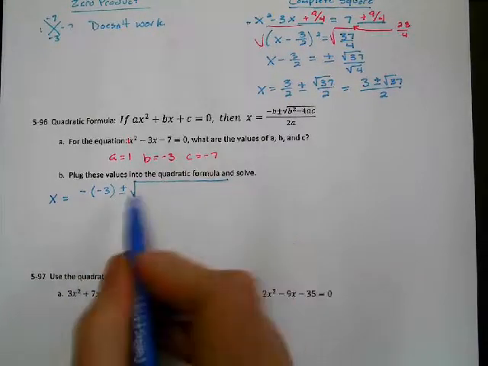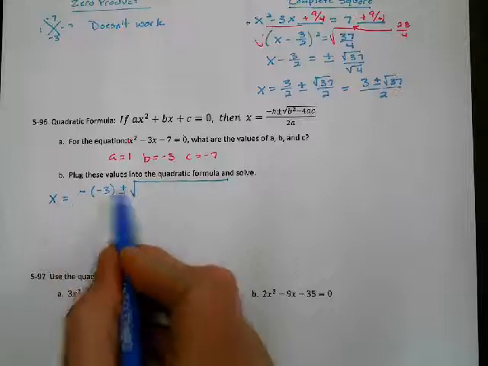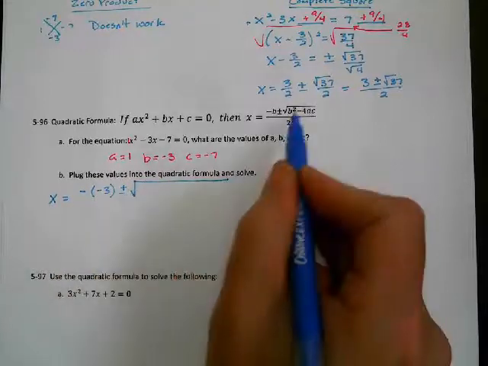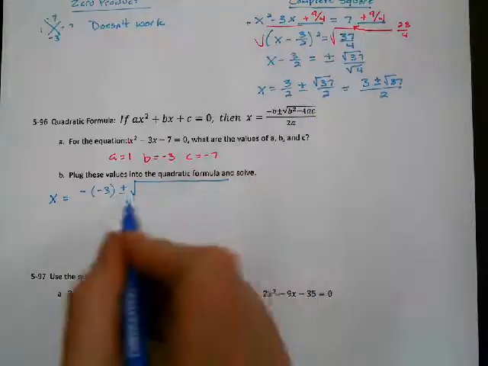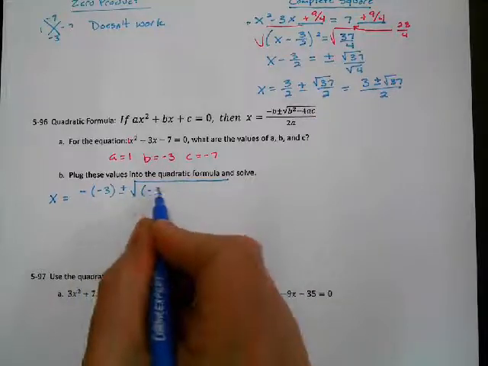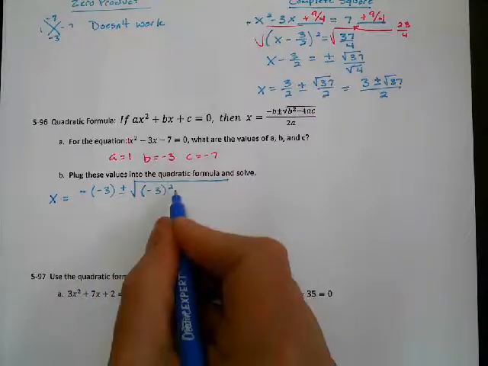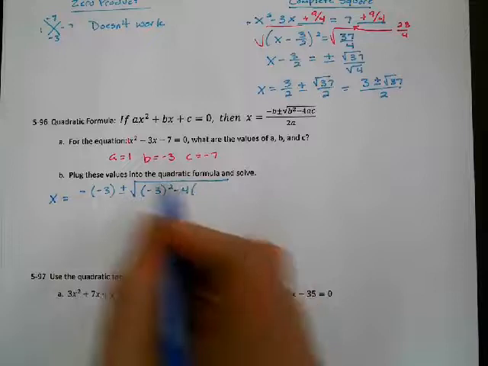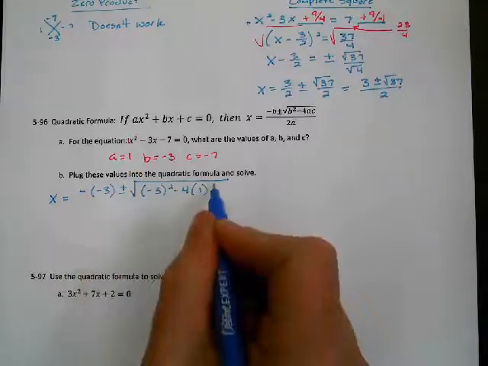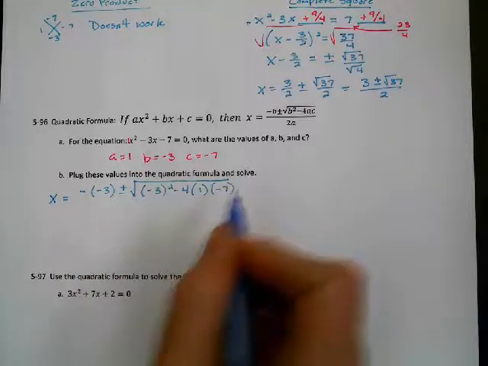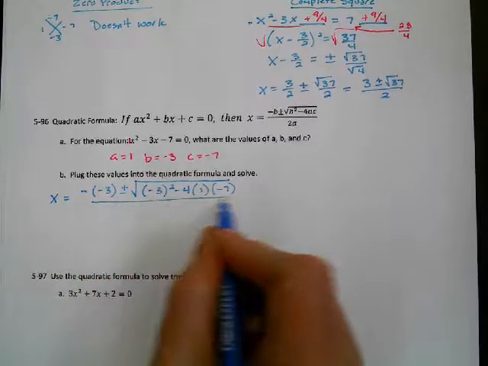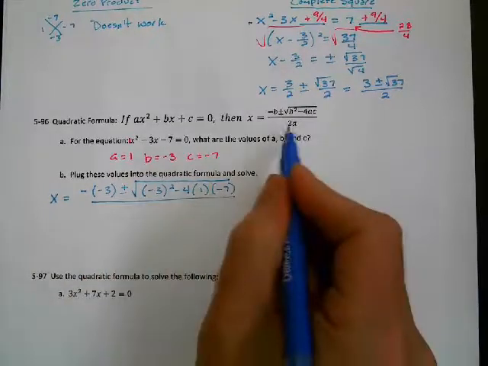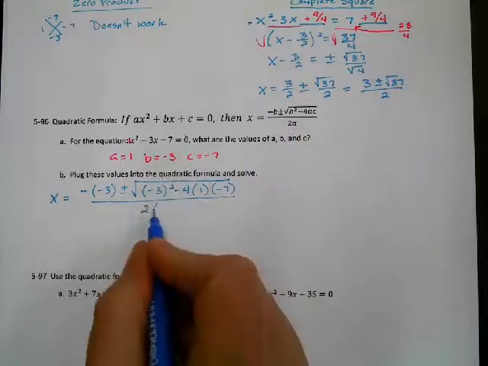So I've got negative b plus or minus the square root of b squared minus 4ac. Now b was negative 3, so negative 3 squared minus 4 times a, which is 1, times c, which is negative 7, all over 2a, so 2 times 1.